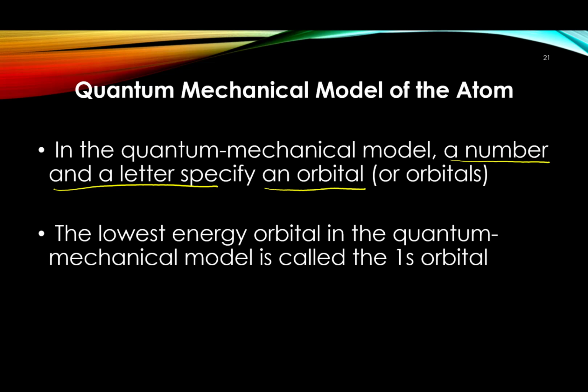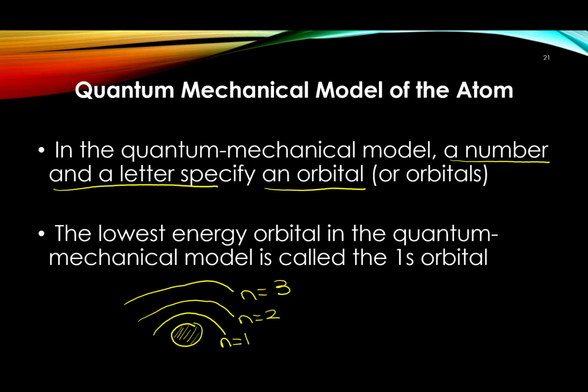If this is the nucleus, which has protons and neutrons, this is energy level 1. I don't want this N and that N, they're two different things. That's our nucleus.